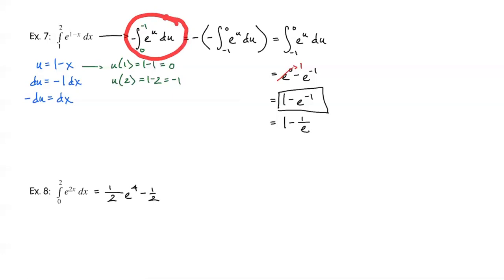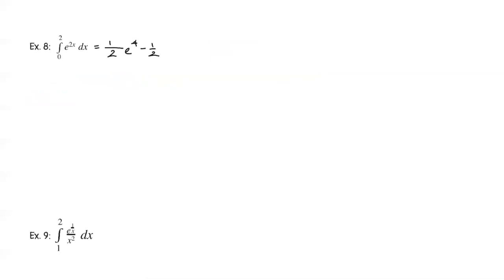So as long as you change everything about the problem, like the U, the bounds, if everything is in U, then you don't need to change anything back. And yes, that's only with definite integrals. It's only with definite integrals. Great questions.